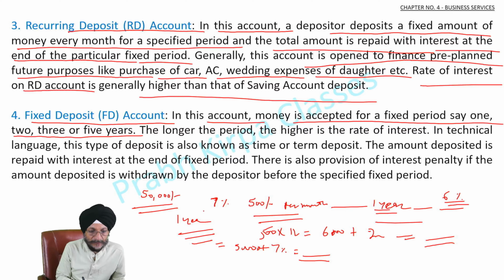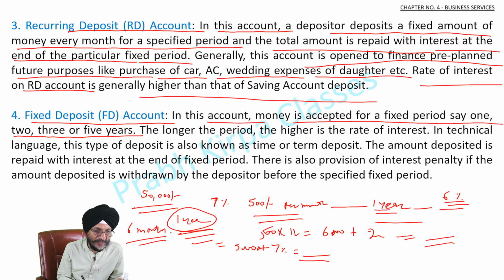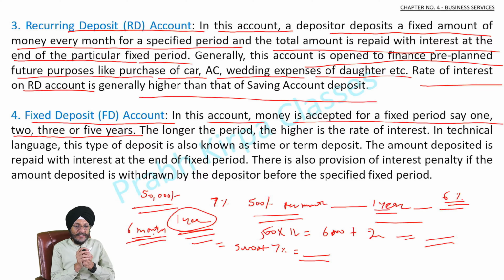If there is a financial problem in our house and we want to withdraw that amount after say 6 months, whereas we have deposited the amount for 1 year, then the bank will charge an interest penalty from us. That is, they will not give us 7%. They will charge some penalty.